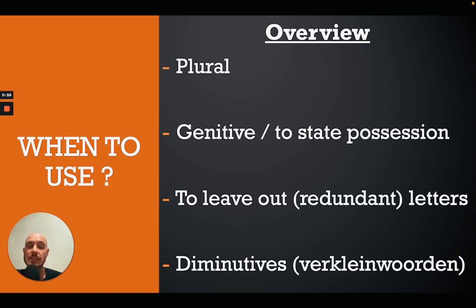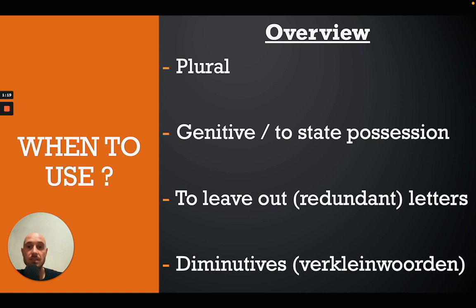I'll get into more detail so that you understand better what it actually means. Then sometimes when we leave out letters, sometimes also redundant letters, we use the apostrophe, and we also use it with some diminutives. So 4 cases: plural, genitive, when we leave out letters, and with diminutives.